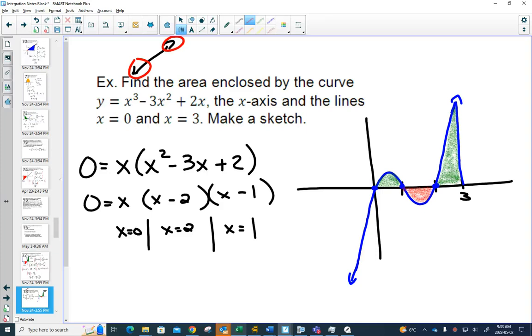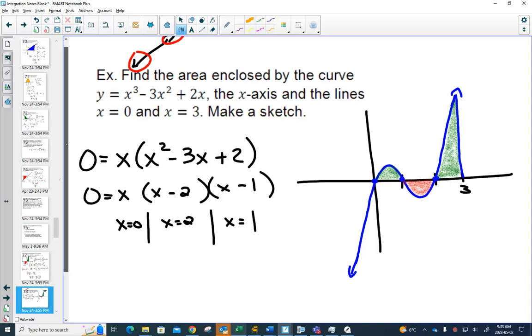So we have to set up our integral in 3 different sections, which is a little bit annoying, just because we have to do the same thing over and over again.